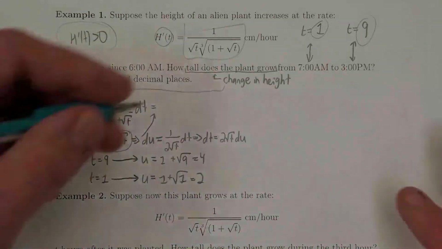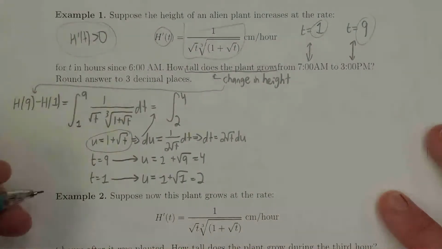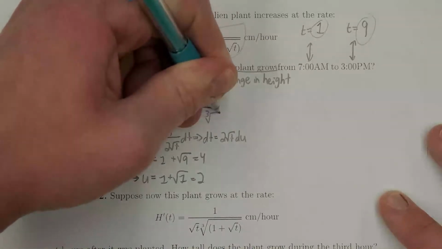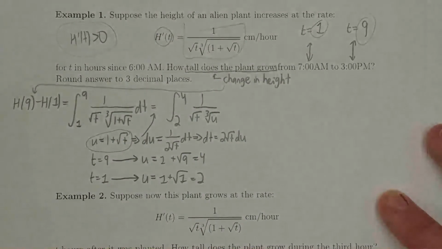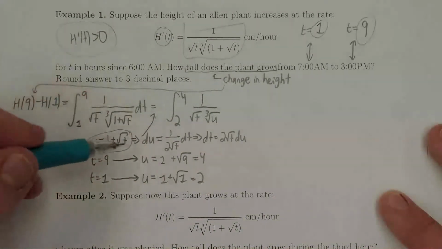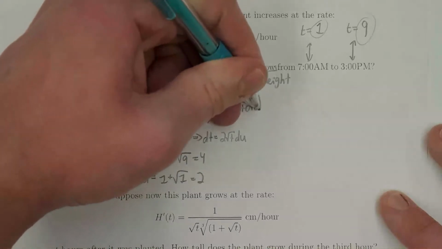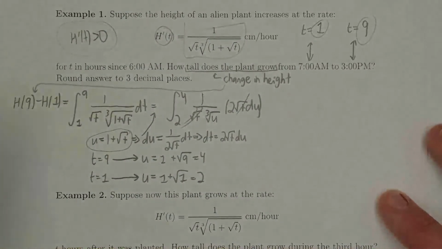So in this case, that'll get you the integral from 2 to 4 of 1 over the square root of t times the cube root of, in this case, 1 plus root t, which we have established to be u. And then dt is then, well, 2 times the square root of t du. Okay? So then what you notice is that, well, these root t's cancel each other out pretty nicely.